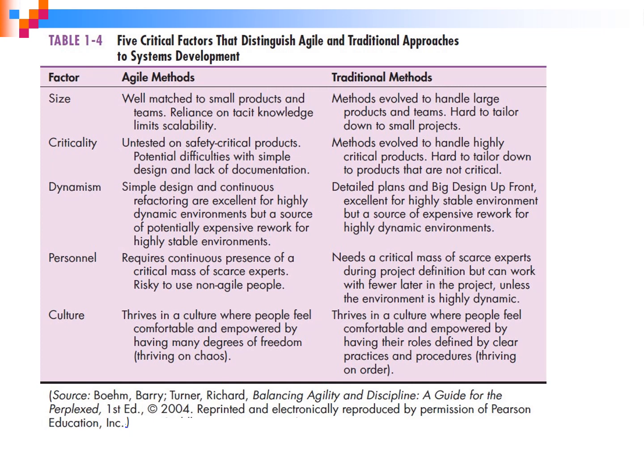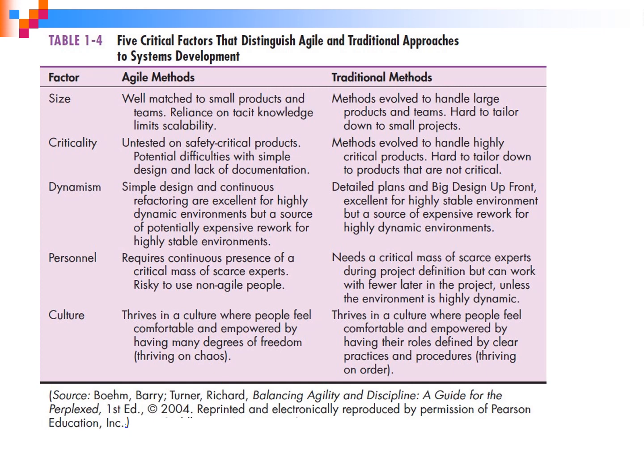Okay, in terms of personnel, the agile method requires continuous presence of a critical mass of scarce experts. Okay, risky to use non-agile people. So for traditional, it needs a critical mass of scarce experts during project definition, but can work with fewer later in the project unless the environment is highly dynamic.